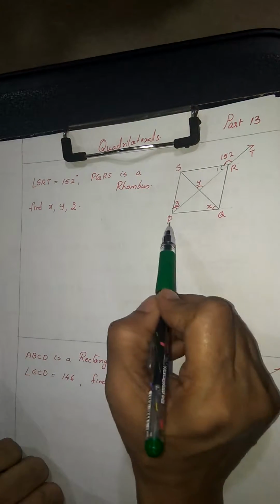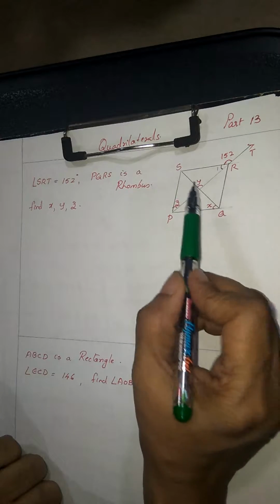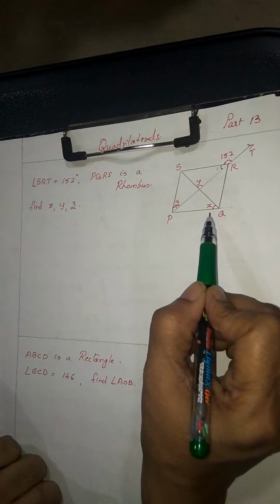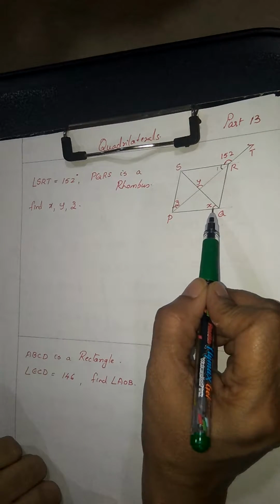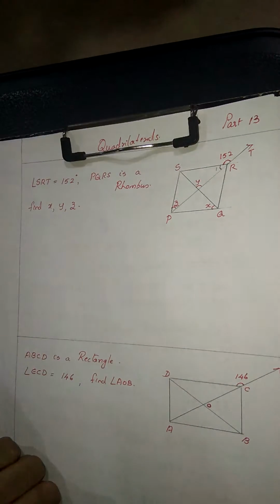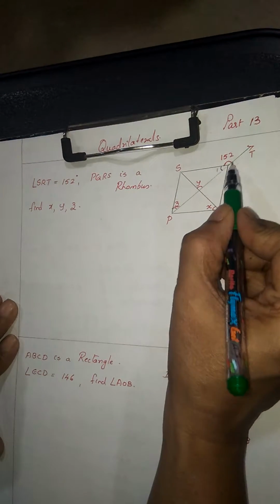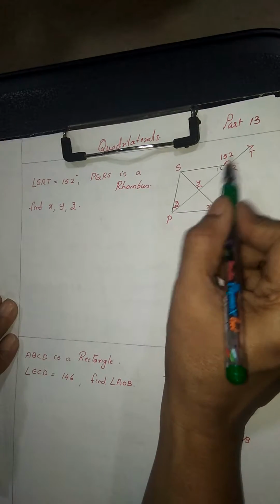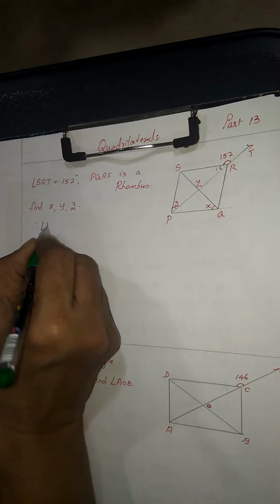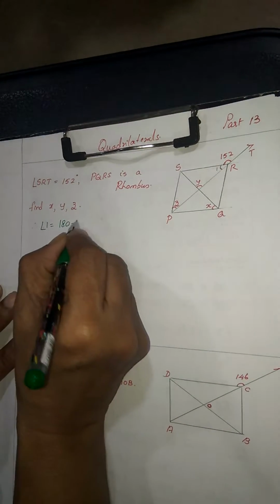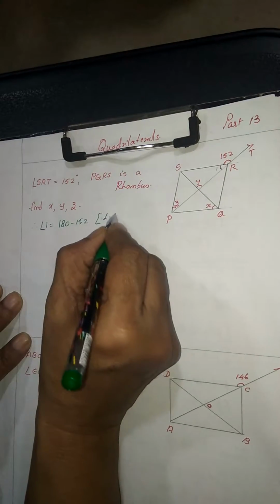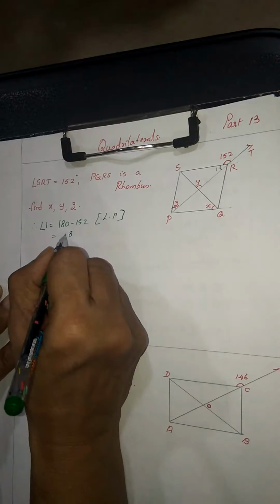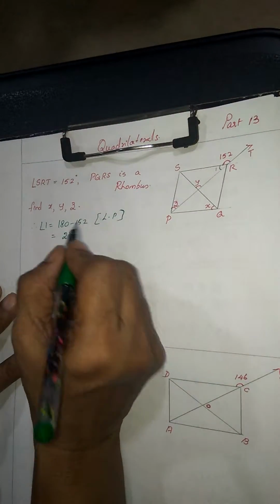Here in this figure, it is given PQRS is a rhombus and angle SRT is 152, and we have to find all the angles X, Y and Z. Now angle 1 and 152 form a linear pair. Therefore angle 1 is equal to 180 minus 152, the reason is linear pair, that is equal to 28 degrees.